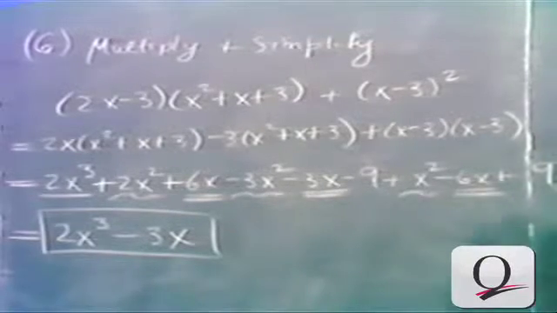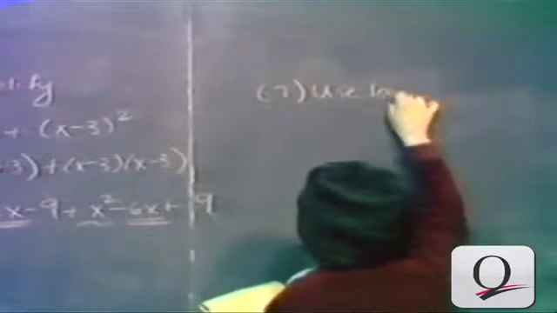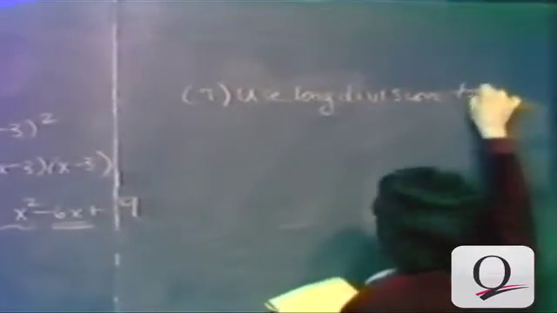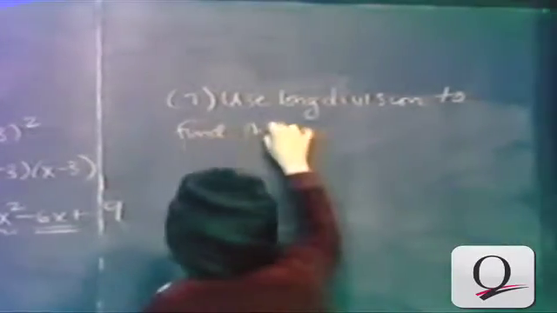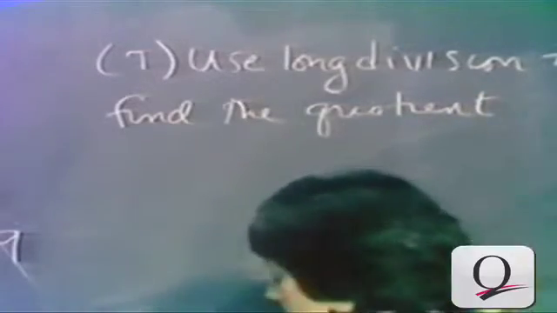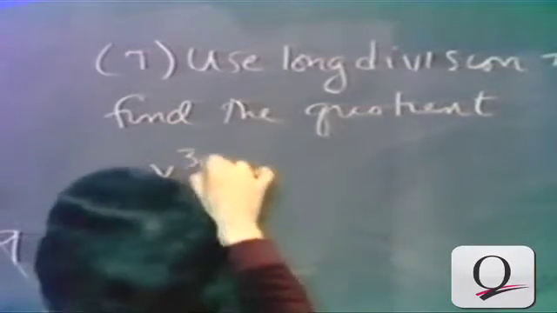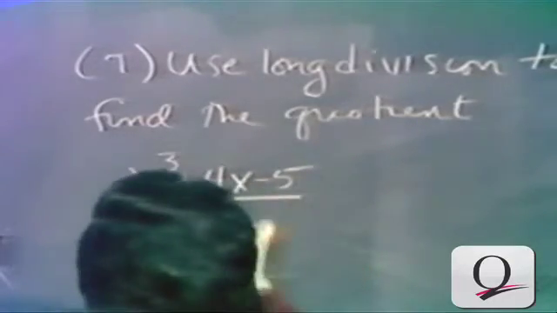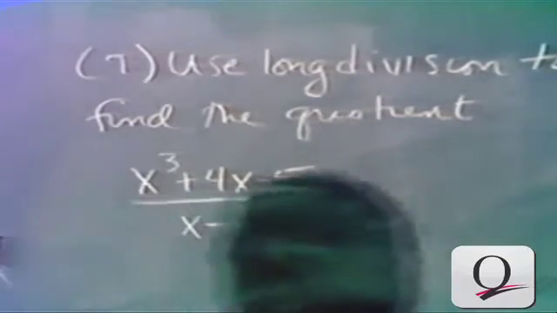Okay, in the next example, we want to use long division: x cubed plus 4x minus 5 divided by x minus 1.